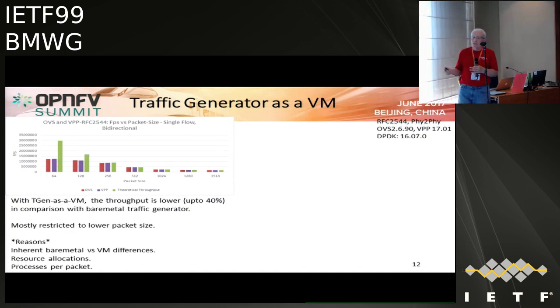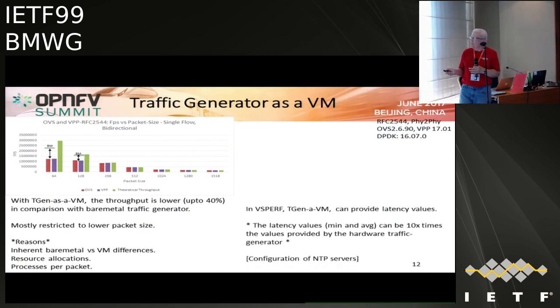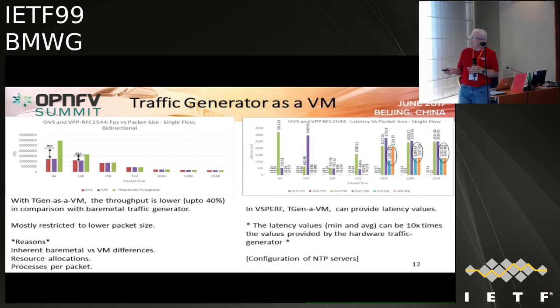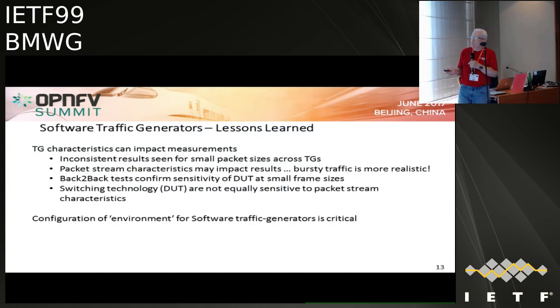So this VM-based generator, even though it's running separately in bare metal, is not working as fast. This is a complicated slide, probably nobody can read it, so I'll let you take a look at it in the other material for latency. But this is the one that produces pretty good measurements of latency in the VM. It's just that you can't get the throughput levels that we would want.